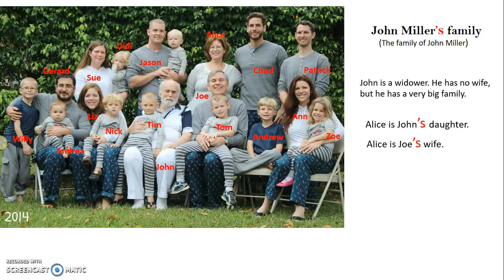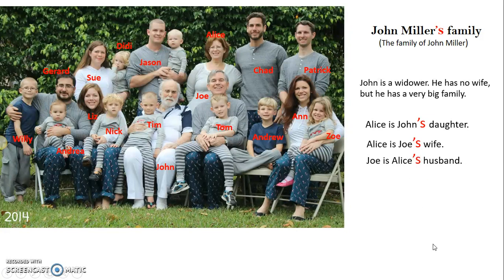Alice is Joe's wife. Joe is Alice's husband. Notice that when we say Alice, we have an e at the end that we don't pronounce. We say Alice. But when we add the apostrophe s, we pronounce the e.